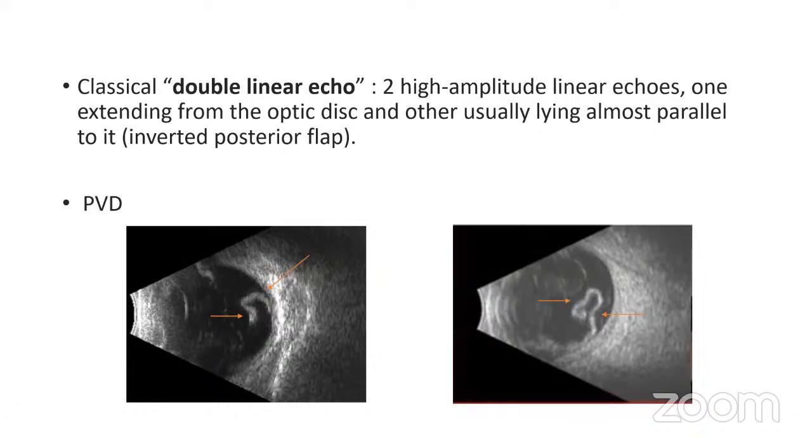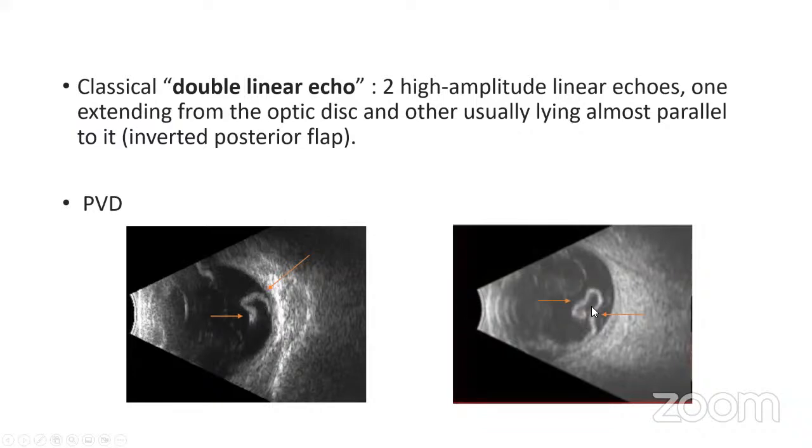This double linear echo happens because the two layers of retina are in close proximity to each other. You can see that this one follows the globe contour, whereas the other one is already free flowing, but they lie parallel to each other.